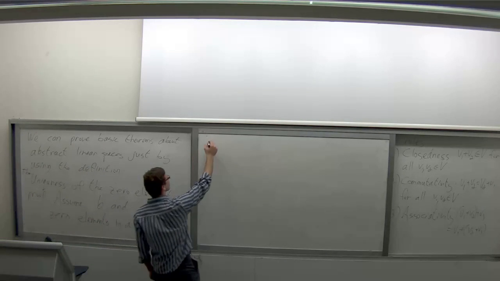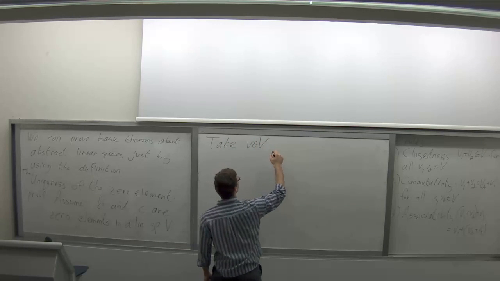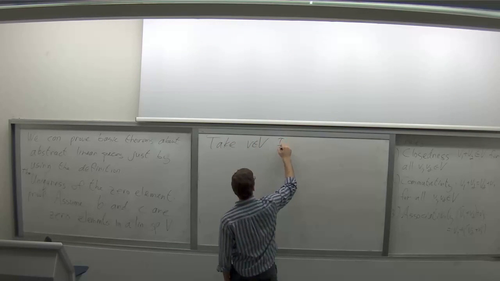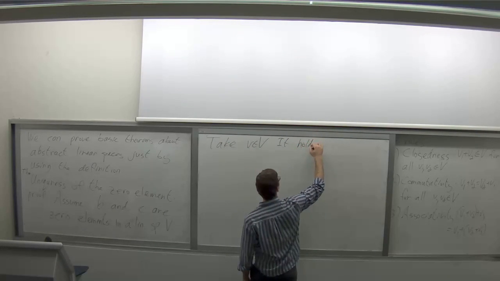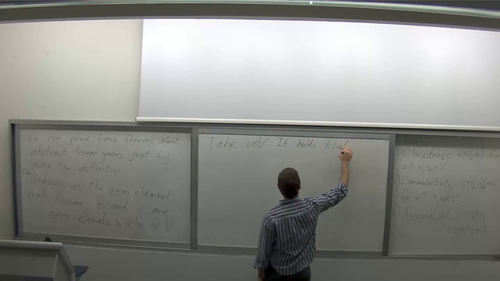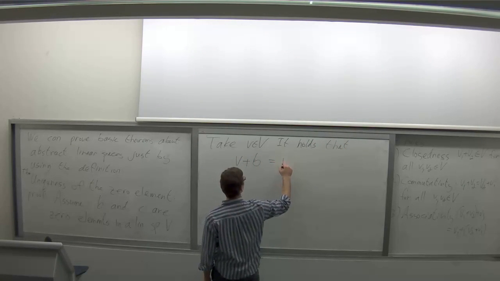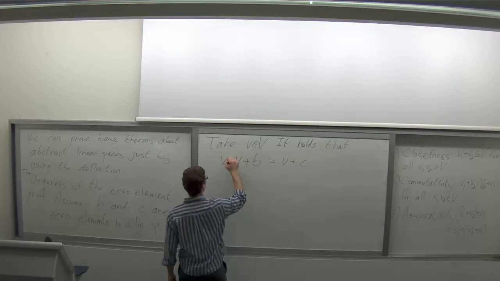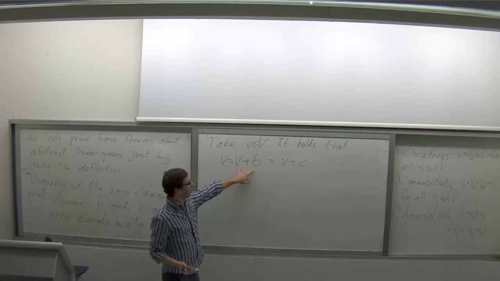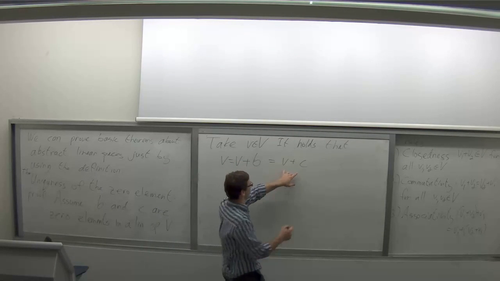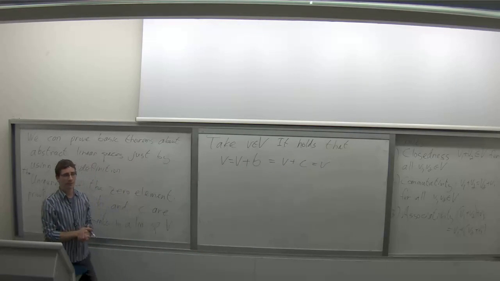So take V in V. It holds that V plus B equals V plus C. V is V plus B, because that's what happens when you add a zero element, and it also V equals V plus C, so V plus B equals V plus C. Right?